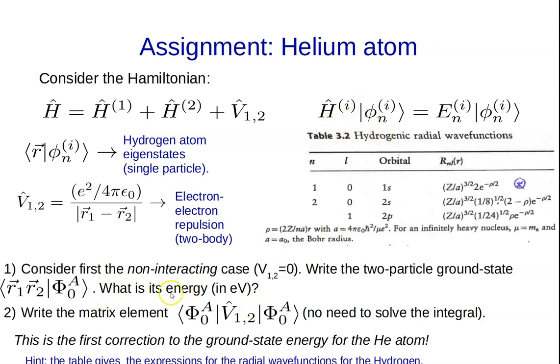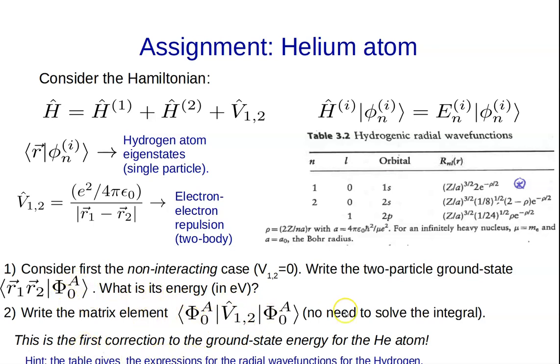So tell me what the energy is for the two-particle state in the non-interacting case, and also write down the matrix elements, the integral. No need to solve it, just write it. The matrix elements for the two-body operator, the electron-electron repulsion, in this basis.